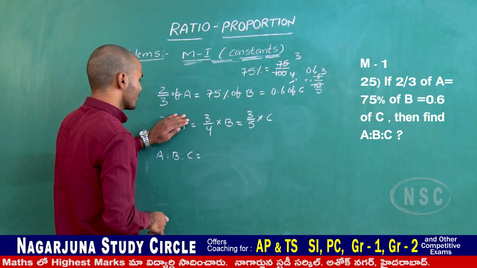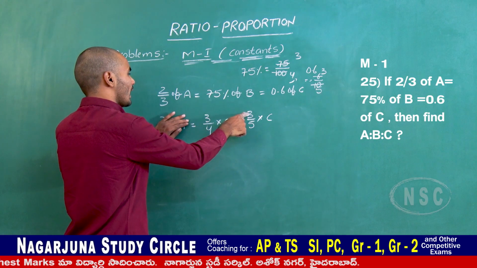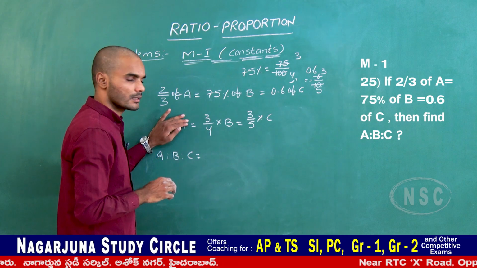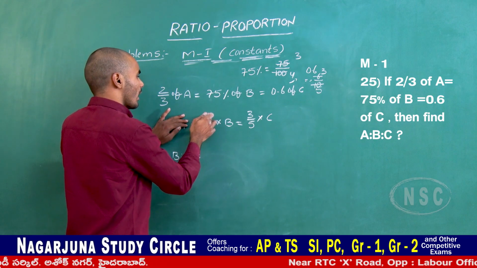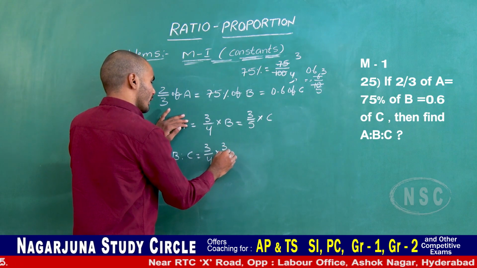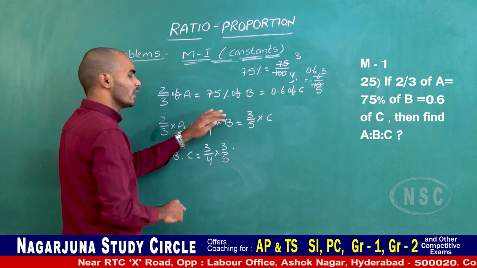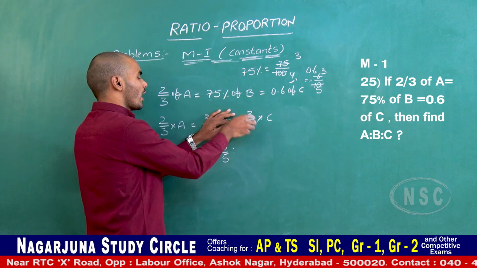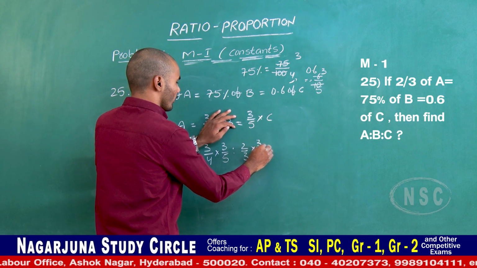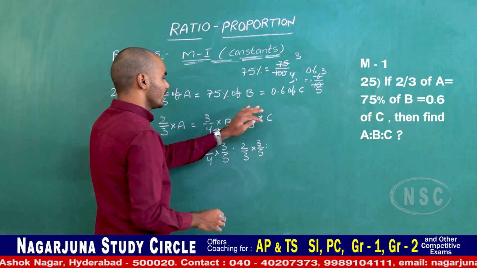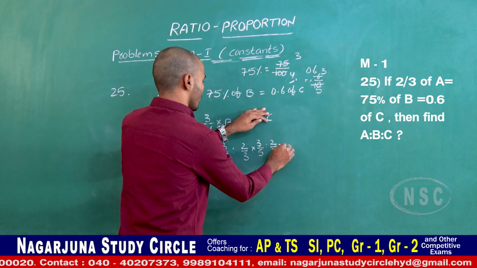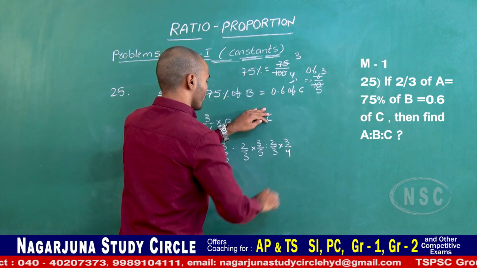So the opposite values give the ratio of constants. The value of A is the opposite numbers, 3 by 4 multiplied by 3 by 5. The value of B is the multiplication of the opposite ones, 2 by 3 into 3 by 5. The value of C is the multiplication of the opposite ones, 2 by 3 multiplied by 3 by 4.